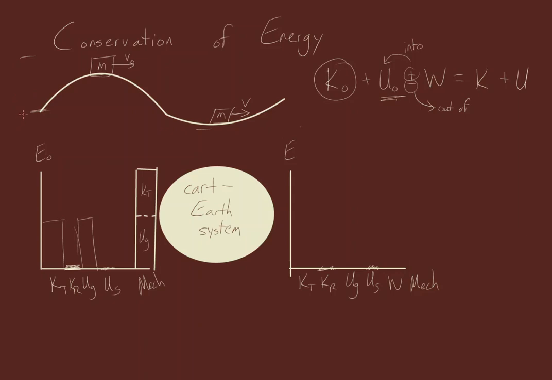If I set the middle here at the initial point as 0, this is below it, so we would have negative gravitational potential energy. If I set here as 0, we would have none. In either case, our gravitational potential energy has gone down.